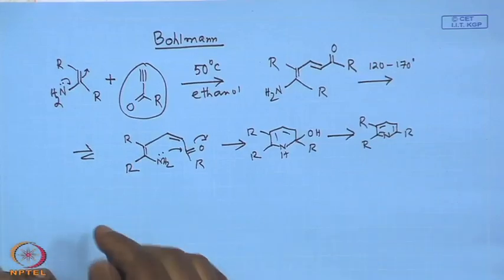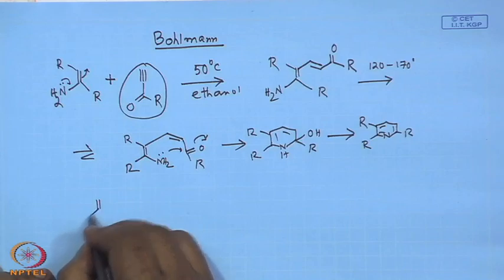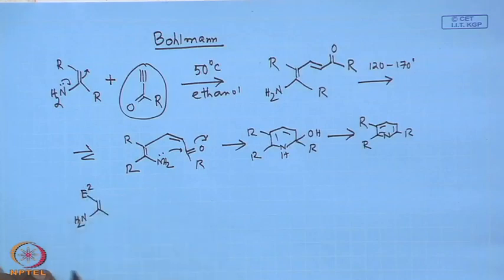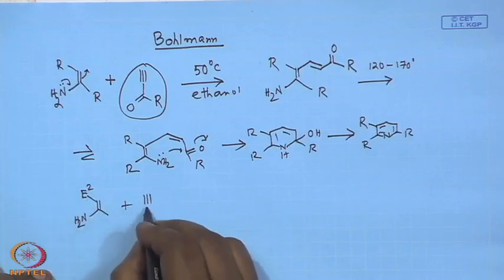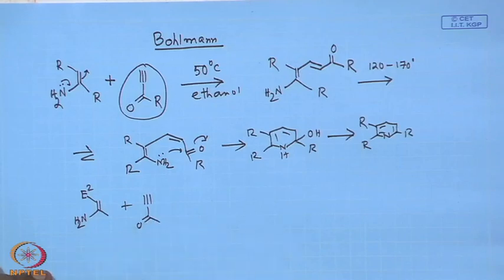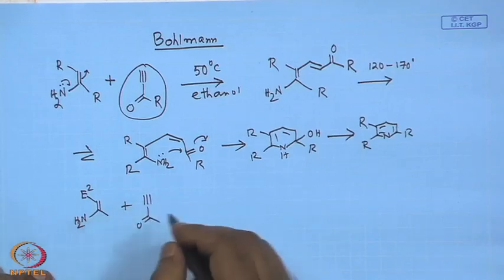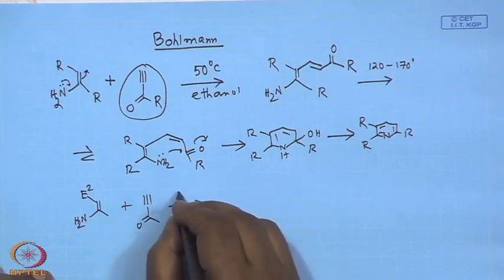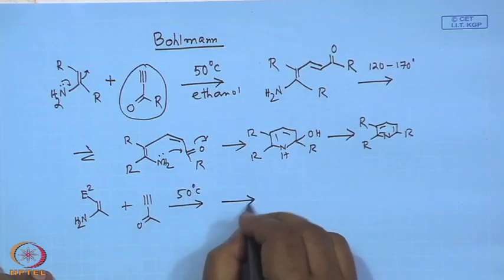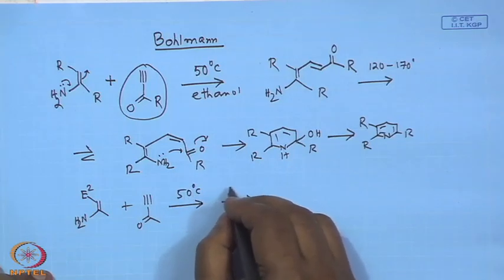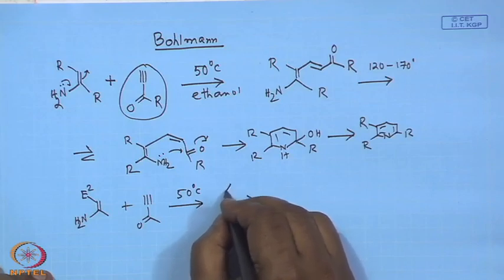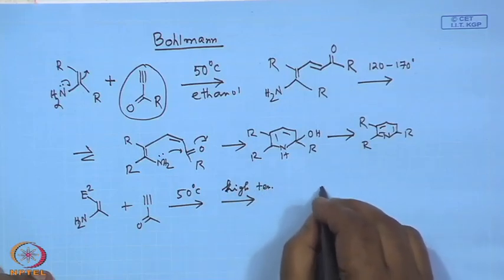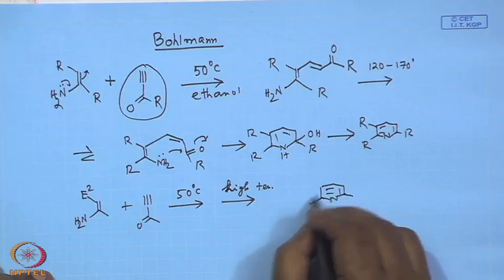Okay. And a specific example: once again enamine means you have the beta keto ester and the corresponding enamine, let us say E means ethyl ester, and then just take the corresponding acetylenic ketone here. It is the same as previously, 50 degree first in ethanol, then high temperature heating, and you get this pyridine derivative.